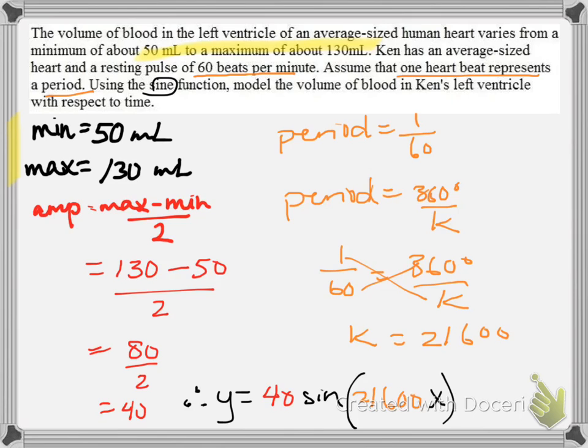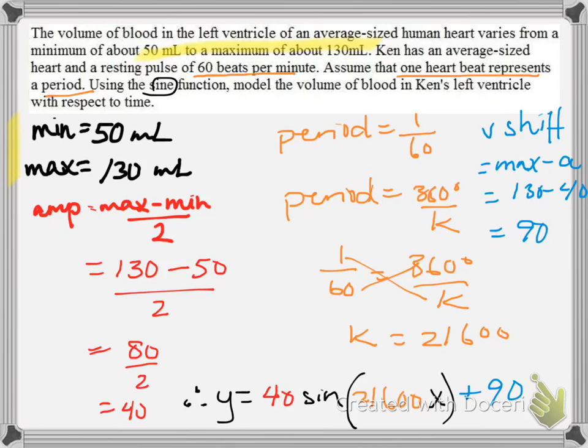We calculate the vertical shift by subtracting the amplitude from the max. So the max is 130 minus 40, which means the vertical shift is 90. We put that into our final equation, which is plus 90. And that's another question you would normally see in chapter 5.6.